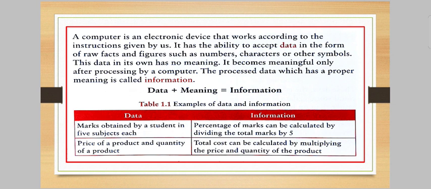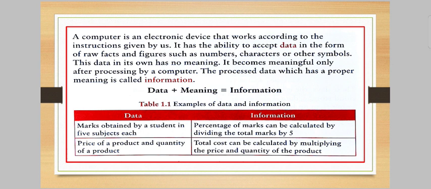Now, what is data? We all know that a computer is an electronic device and it works according to the instructions given by the user. That means we give instructions to the computer in the form of data, and the computer processes the data and generates a specific result.